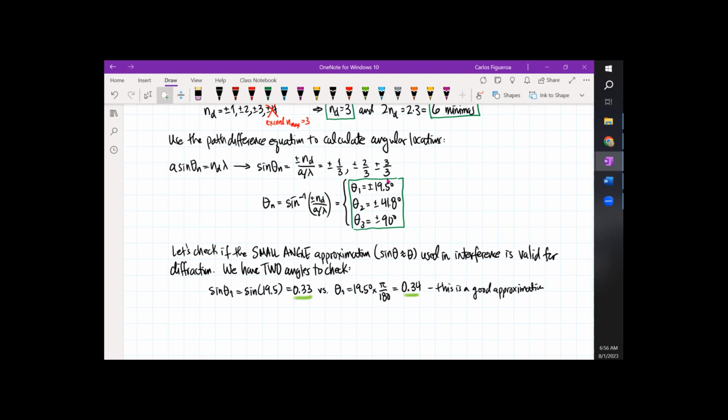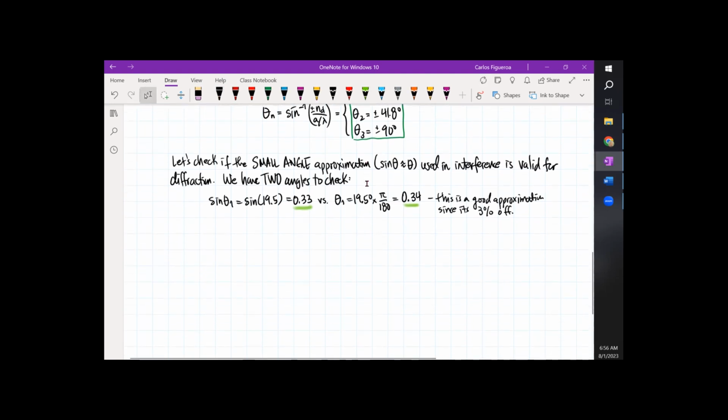And since it's 3% off, I think that's a really good approximation. But now let's look at the next angle. Now I have sine of theta 2, which is sine of 41.8.